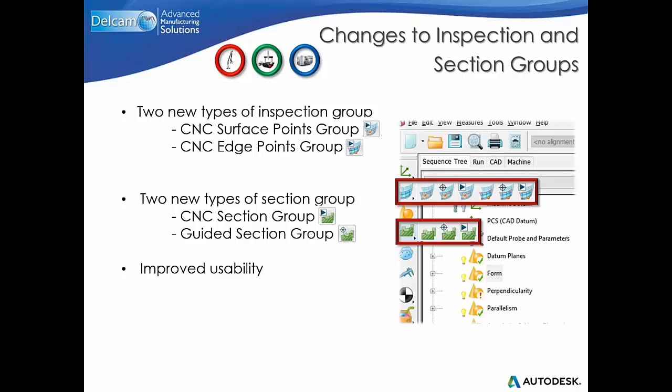With regard to section groups, guided section groups work in a similar way to the guided surface point group, and CNC section groups work in a similar way to CNC surface point groups. So thanks to these new types of section groups, we improve the consistency across the different section inspection groups, and at the same time the usability of the product itself.